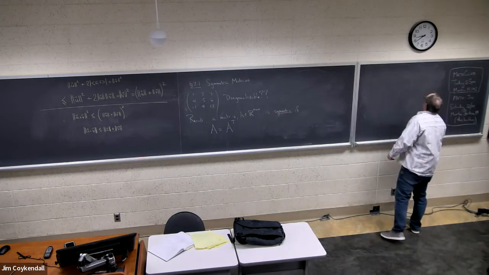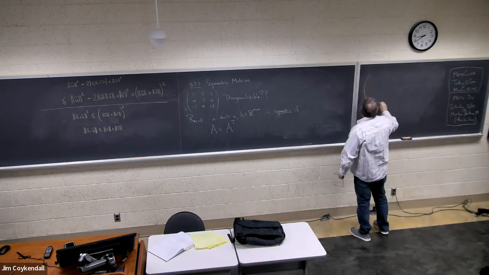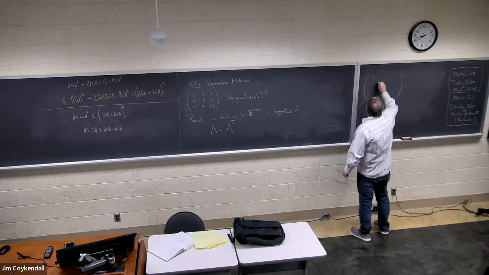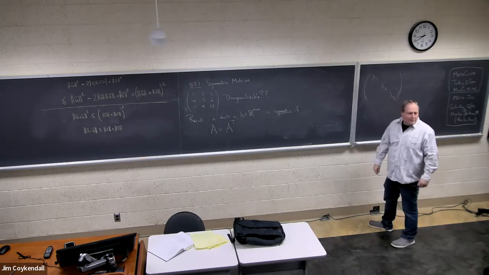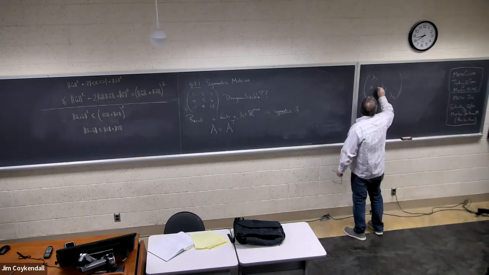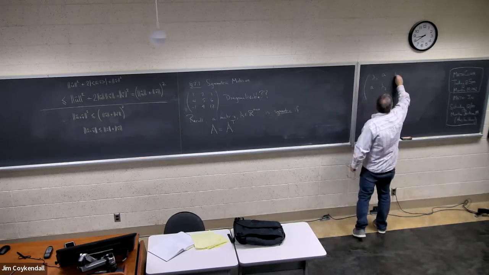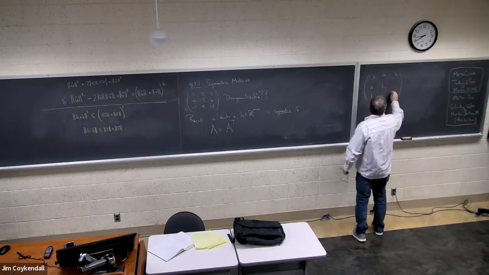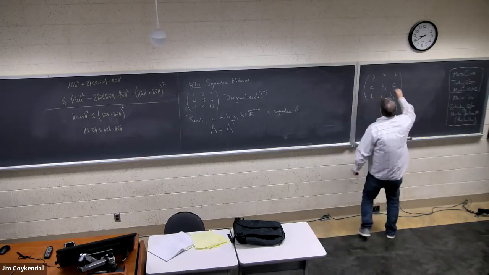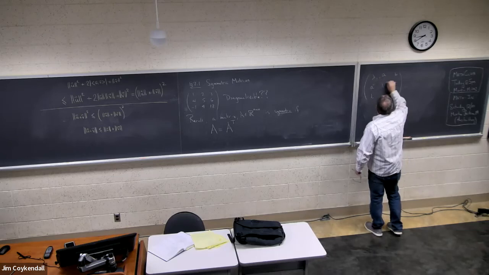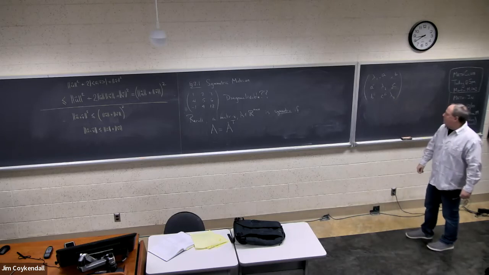So in general, for a 3 by 3 matrix, here's what it means to be symmetric. The diagonal entries can be anything I want, but once I make a choice here, it has to be the same here. If I choose this b, b has to be here. This matrix is symmetric because you've got symmetry across the diagonal. That is, it equals its transpose.